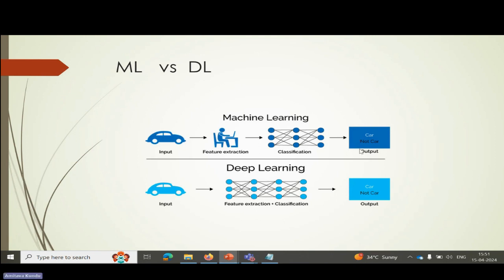But what happens in deep learning? Same thing: you have the input data, you extract the features, then you train the model, and that model is used to predict whether it is a car or not. Then what is the difference between machine learning and deep learning? How can you differentiate between them?